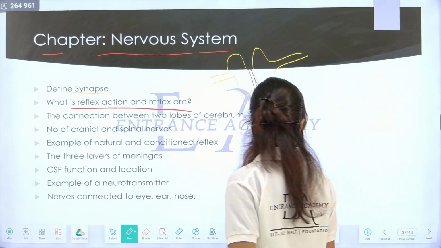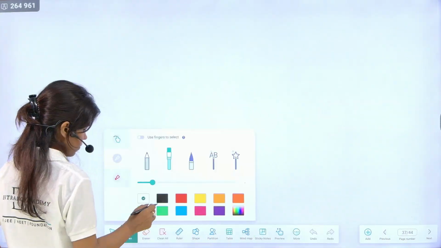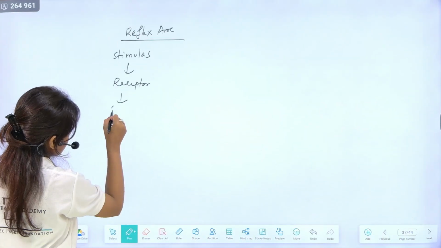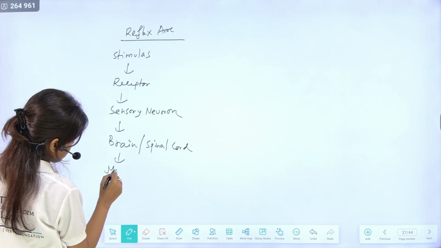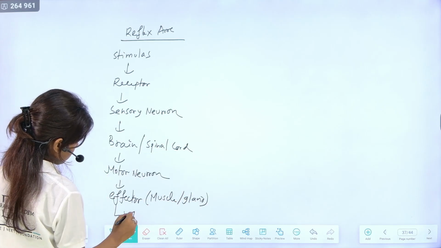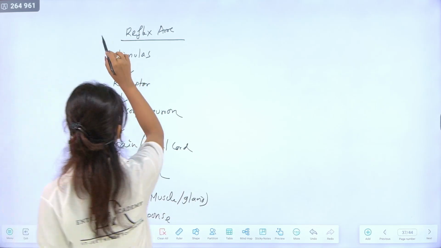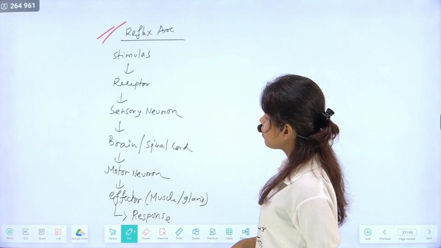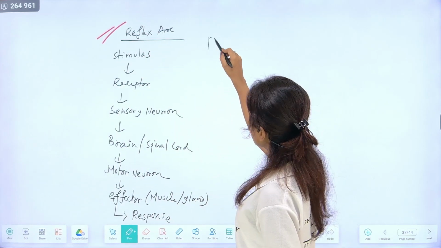Next, what is reflex action and reflex arc? First, let me draw the flow chart. This is the path of the reflex arc. First, what is reflex action?